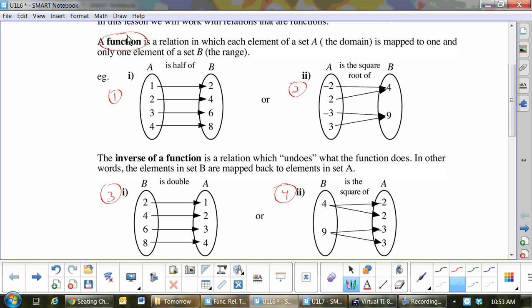Okay. If 4 is not a function, I need to know why. Say that again. The domain is mapped to more than one answer. Yeah? Why?